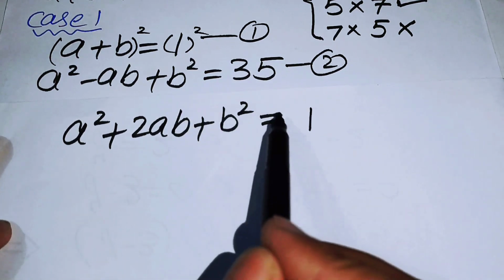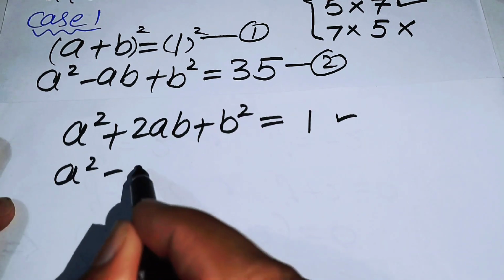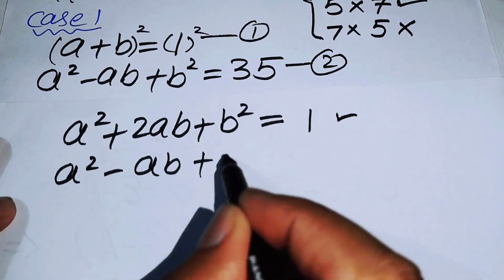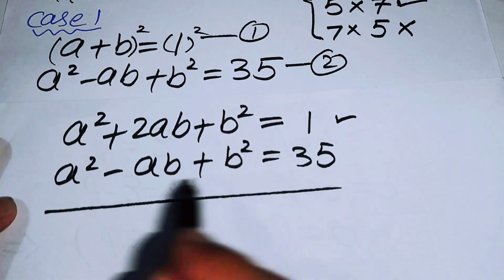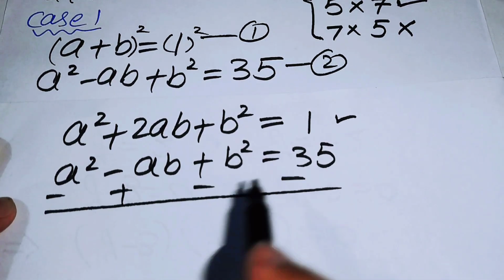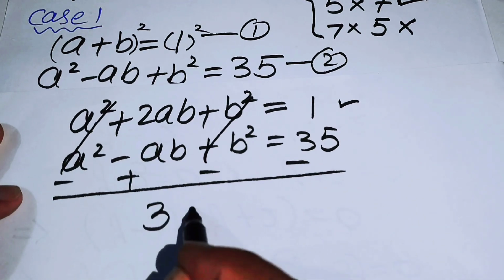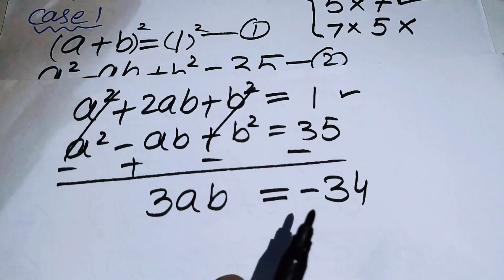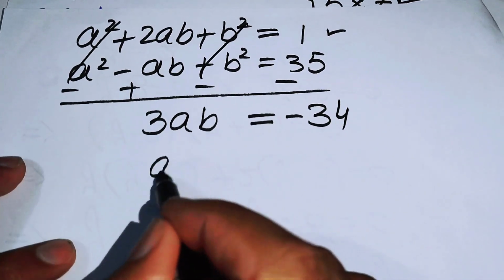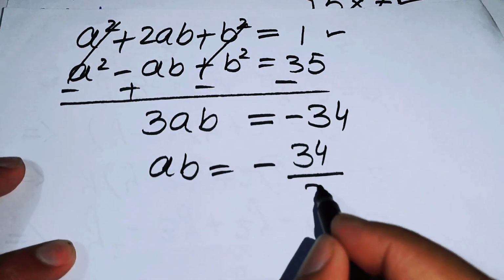And now we subtract equation number 2 from the resulting equation, and these terms are gone, and here you get 3ab is equal to minus 34, and so ab is equal to minus 34 over 3.